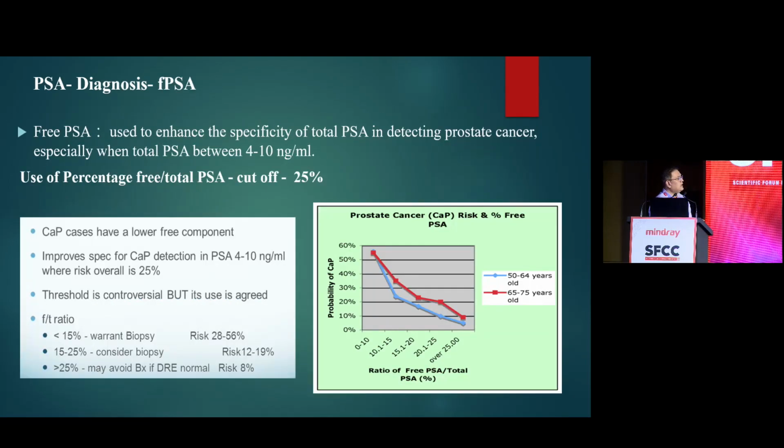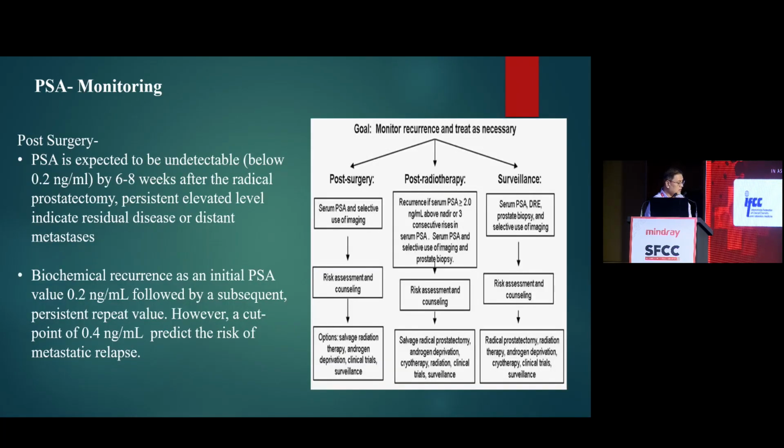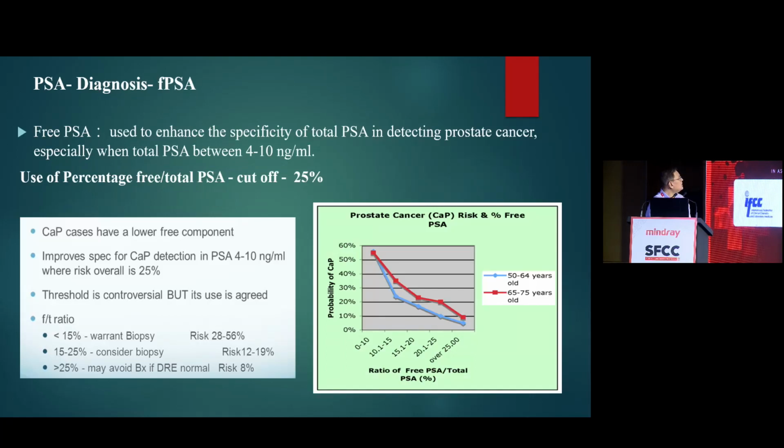As I said, we can make the specificity of this marker better by using it with free PSA, and we take a cutoff of 25% as the ratio between free PSA and total PSA. The literature says that if this ratio is less than 15%, it is a message to the clinician that it may warrant a biopsy, and the risk of a CA prostate is in the range of 28 to 56%.